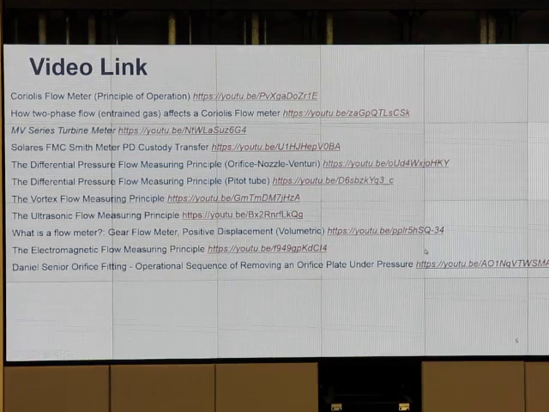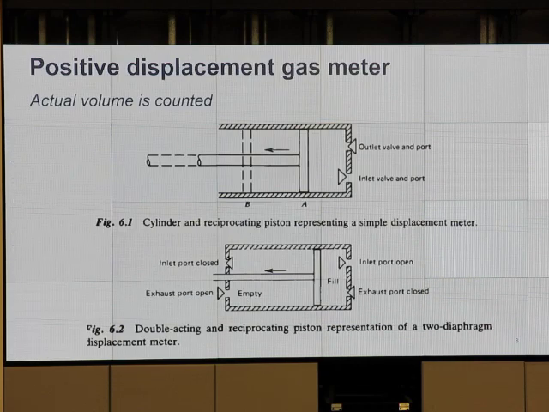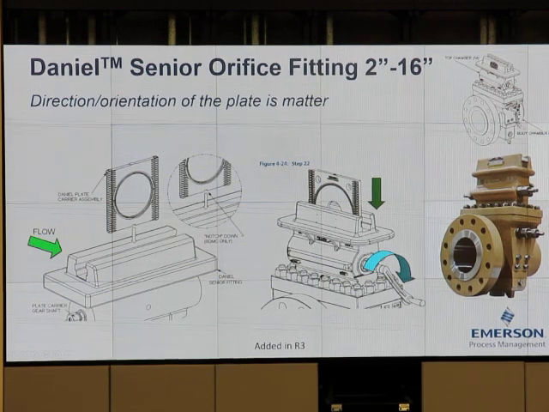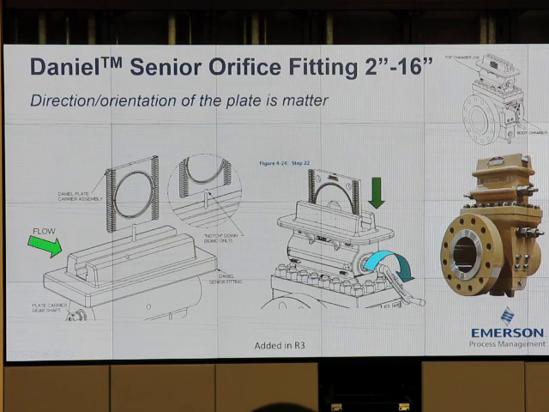This is the operational sequence. How do we take the orifice plate out, okay? And to do that, it is like this, okay? Take the plate out, turn it, put this plate in, turn it, separate the pressure inside, replace the plate, put the new plate in, put the cover on the top, and then we can separate it.